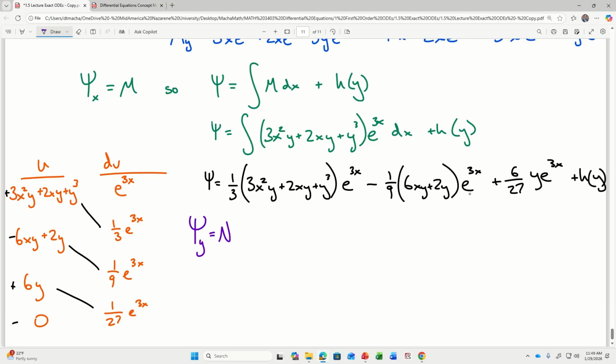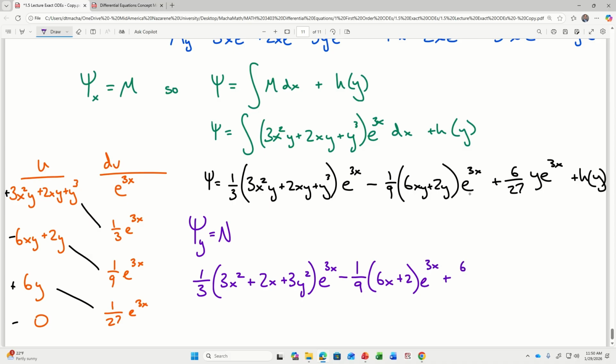Taking partials with respect to y, this is going to be 1/3 of 3x squared plus 2x plus 3y squared e to the 3x, minus 1/9 of 6x plus 2 e to the 3x, plus 6/27.